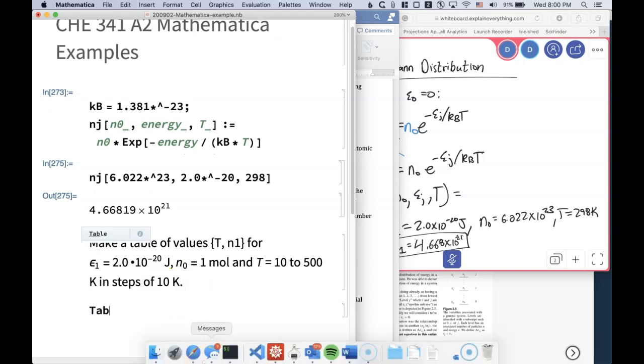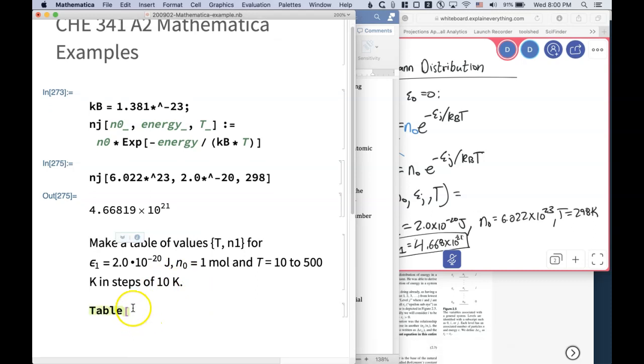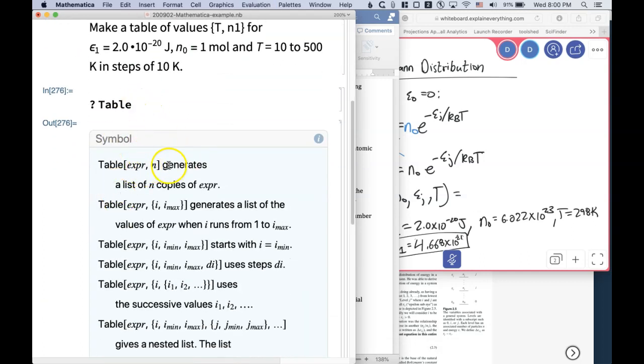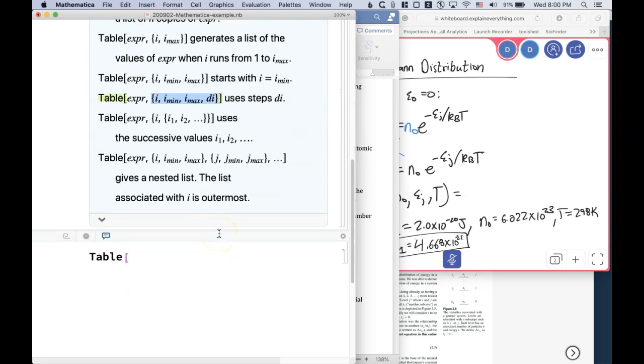So this is now a table. And then remember, if you forget how to do this, you can do question mark Table. So it's the expression, and then the version that's a nice simple one is i min, i max, di. So this is the variable, the minimum value, the maximum value, and the step. That's the version of this we're going to want.